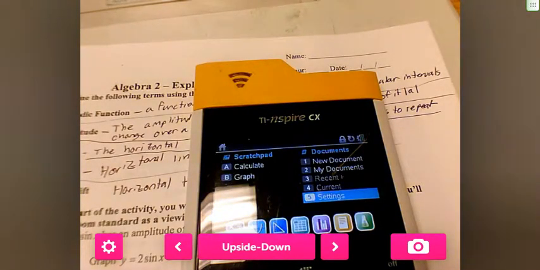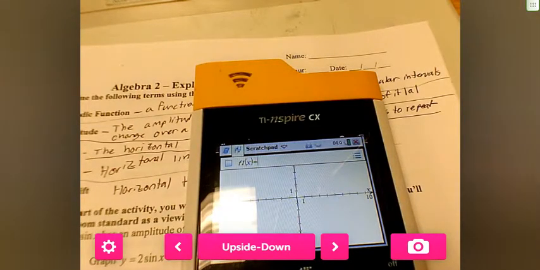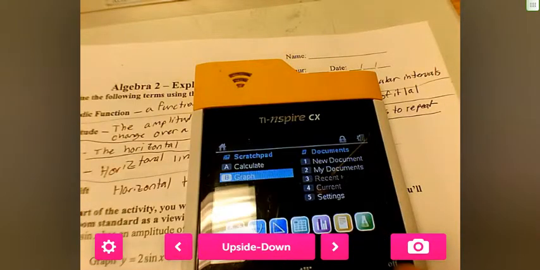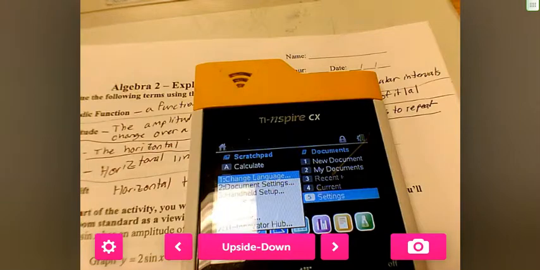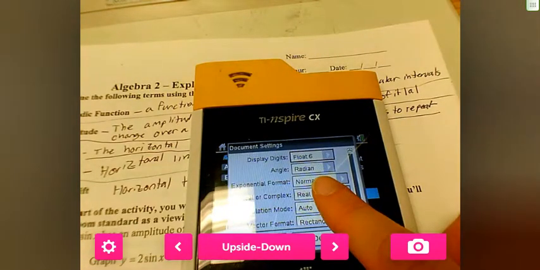Okay. So now we're going to graph these. So I'm going to look at B. And I'm going to graph 2 trig sine x. Okay. So again, if I go to settings 5, document settings, I want to make sure angles in radians, and I hit make default.